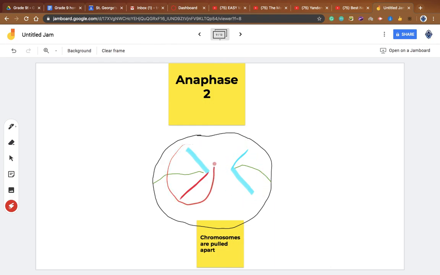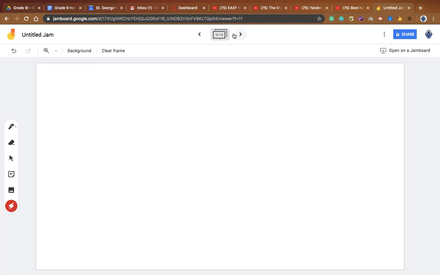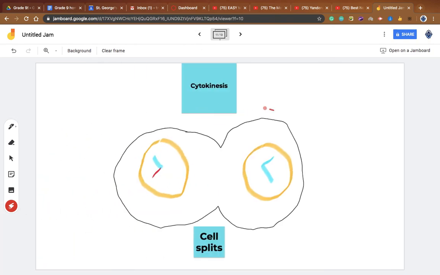This is considered one chromosome. When they're in an X shape, that's still considered one chromosome. So at the end, back in cytokinesis, this still has 23 chromosomes. This still has 23 chromosomes. So it goes 46, then 23, and then 23.